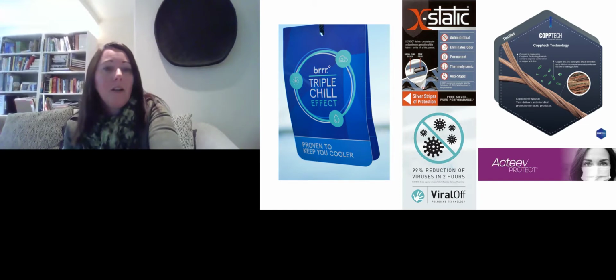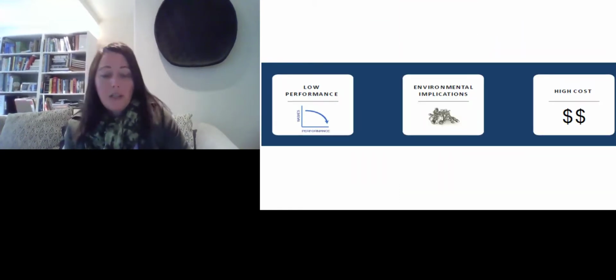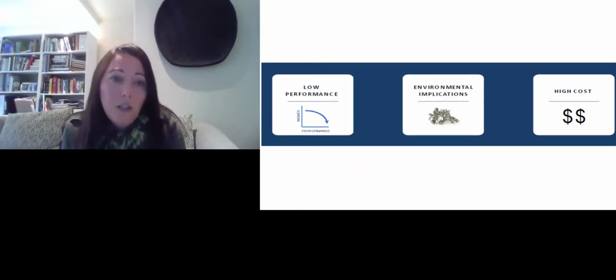So you can see how, of course, when you're trying to decide which of these to use, looking at your performance ratio of washes versus performance. What are the environmental implications? For example, silver has a high fish kill rate, which means that if that silver gets into the environment, it's bad for the ocean, right?